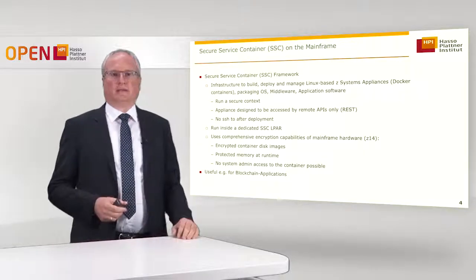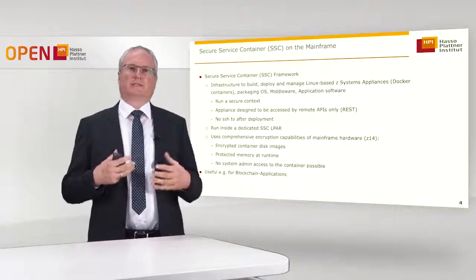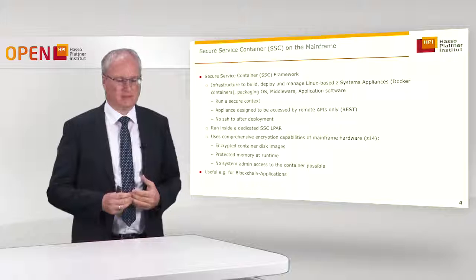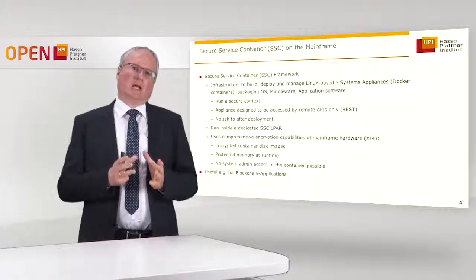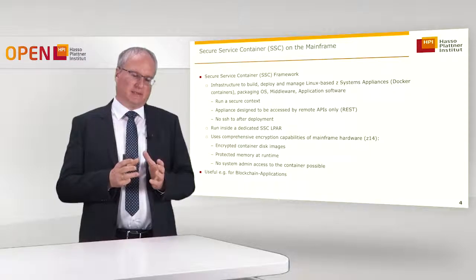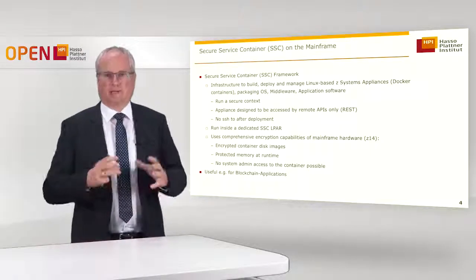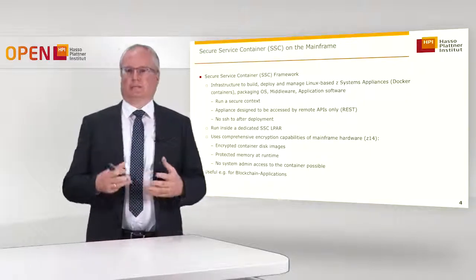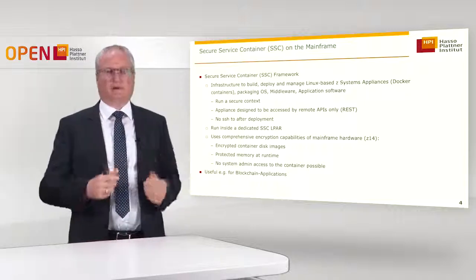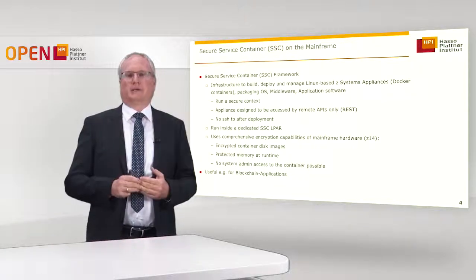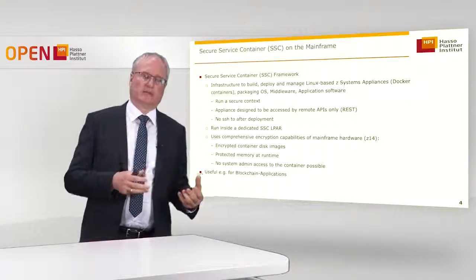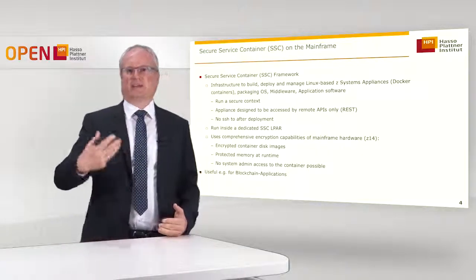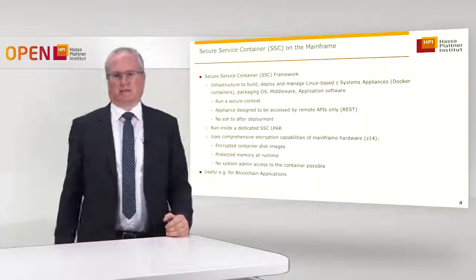So the idea is that you run in this so-called secure service container basically Docker images that are encrypted. So it's a sort of an extension over the normal containerization approach. And the idea is that an application is packaged into a kind of an appliance in a ready-made image, and then this image is stored and run encrypted and by a secret key, so that even the administrator of the mainframe, the system administrators, are not able to sort of look into the data or the things that are processed in such a secure service container.